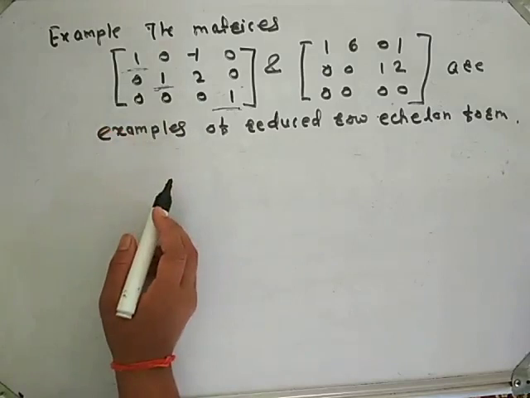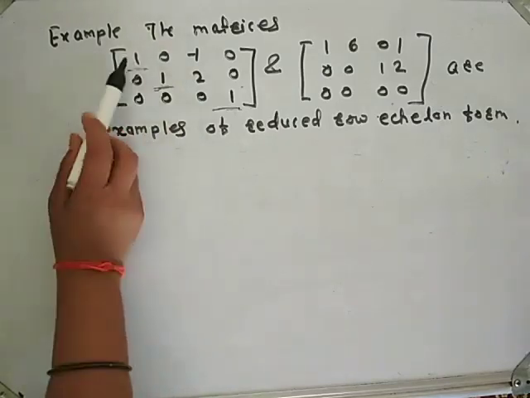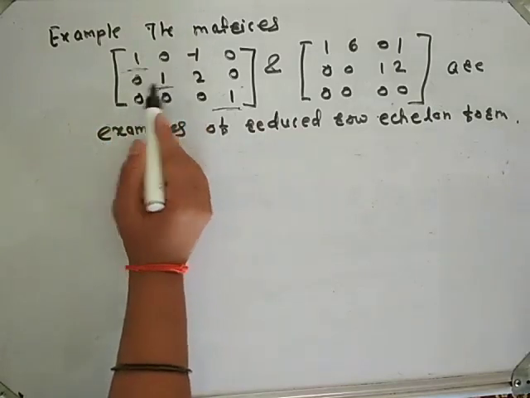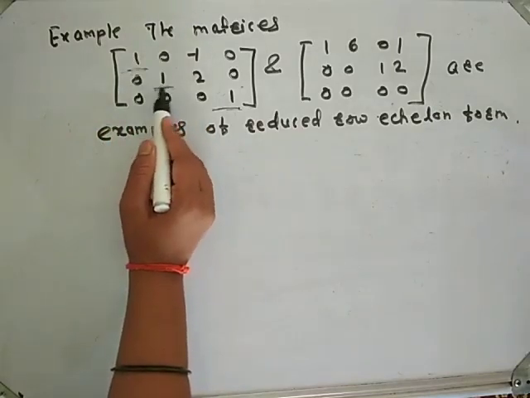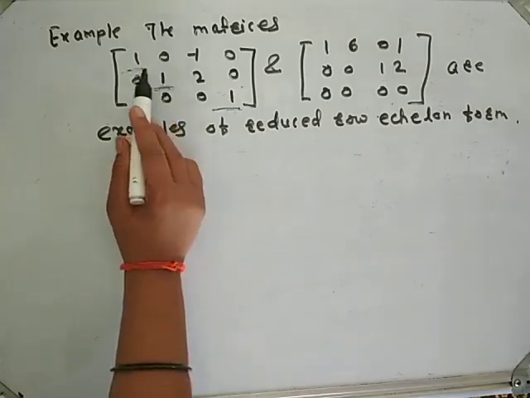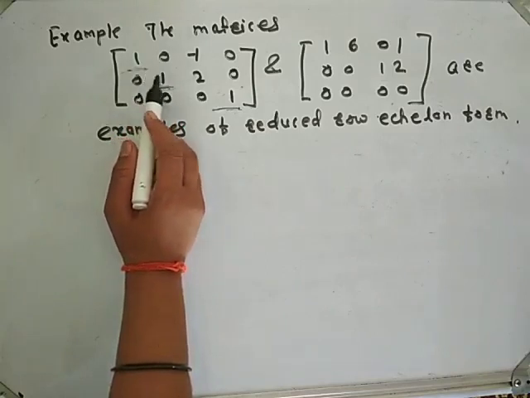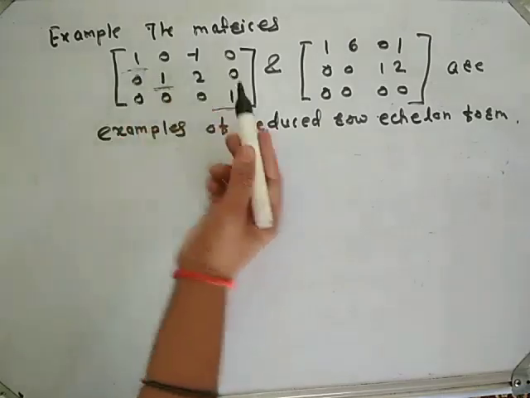The third property is about any 2 rows. If we think about these 2 rows, what happened? The leading 1 in the second row is further to the right than the leading 1 in the higher row.